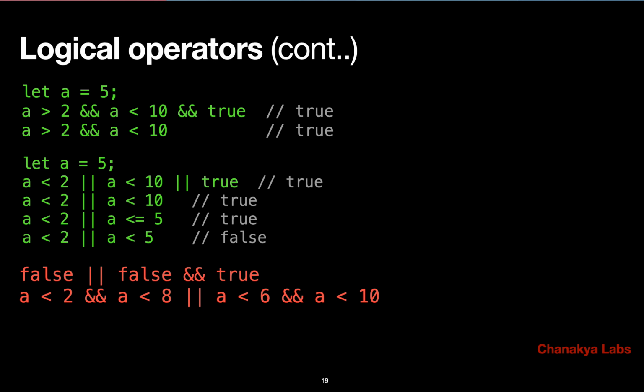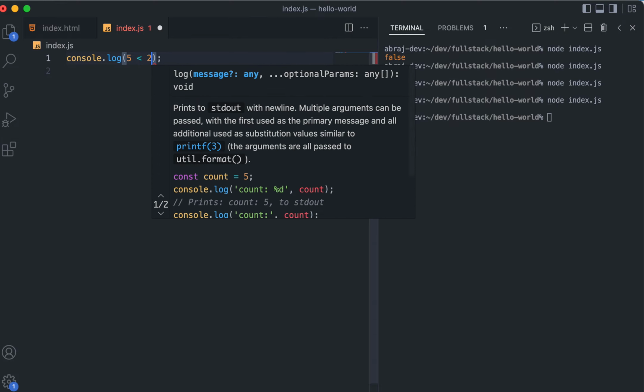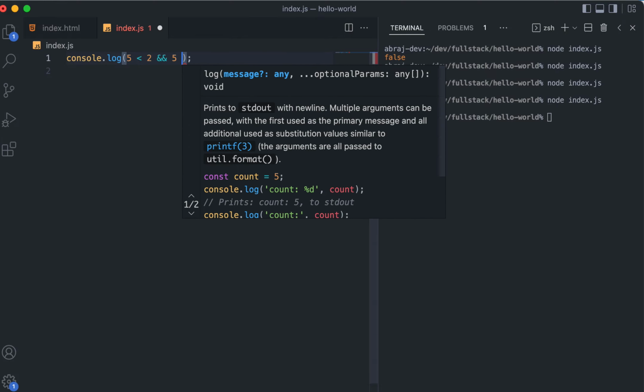Now let's try it out rather than seeing this. So let's see this exact statement. So a is what? A is 5. Okay, so 5 is less than 2, and 5 is less than 8. Let's try that out.